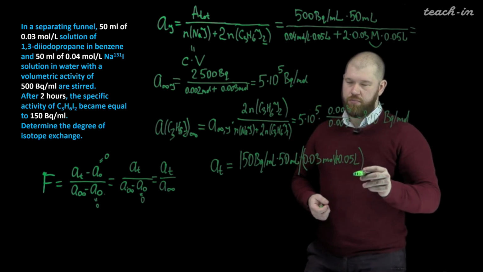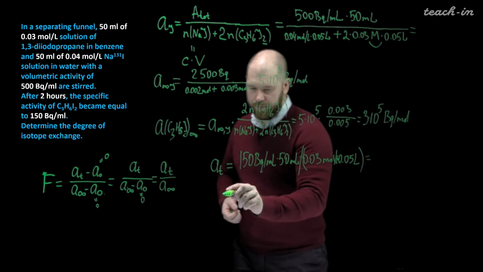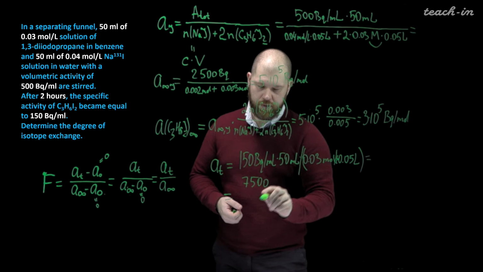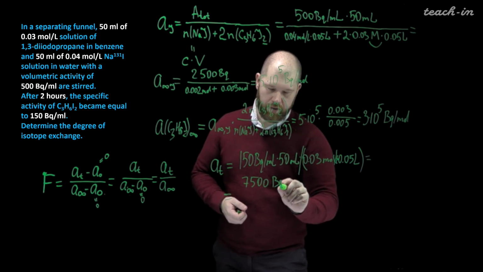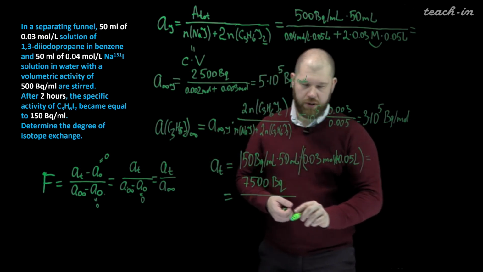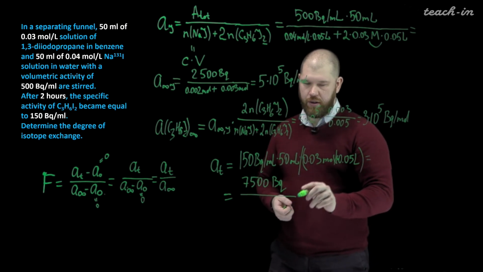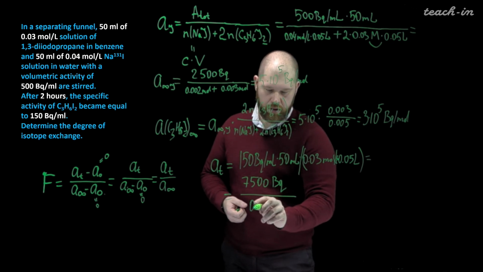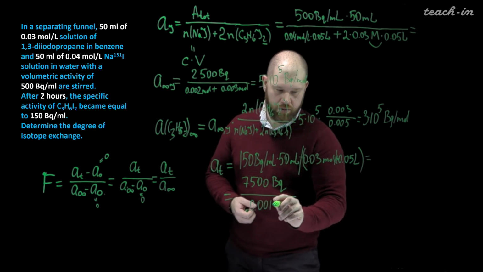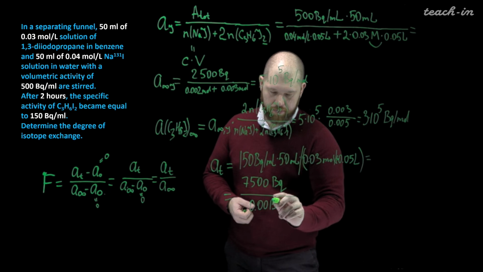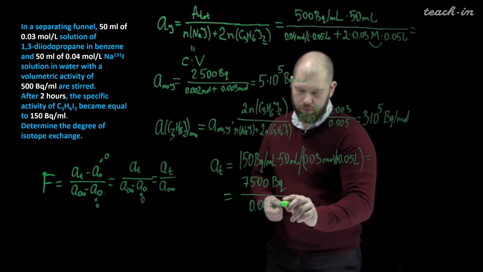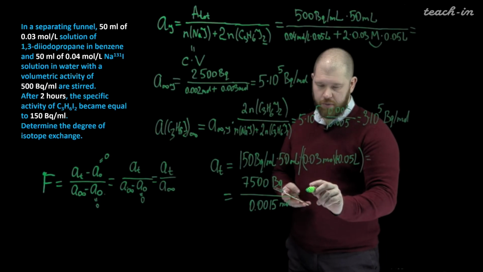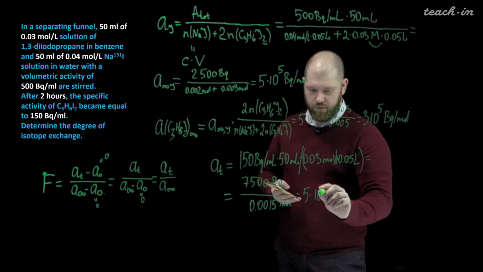So it will be 7,500 becquerels divided again by, in this case, 0.0015 mole, and I got a number much higher than it should be.